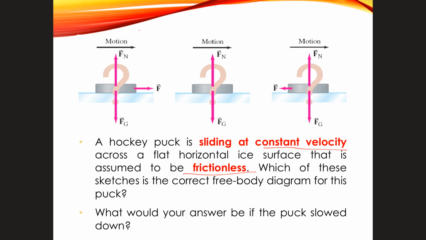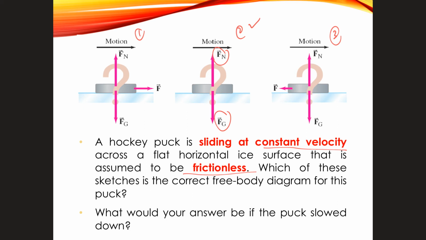So between number 1, number 2, and number 3, which diagram represents the situation of the question? The answer is number 2. Because the question states frictionless, there's no friction at the surface, and it's sliding at a constant speed because Fn equals mg.